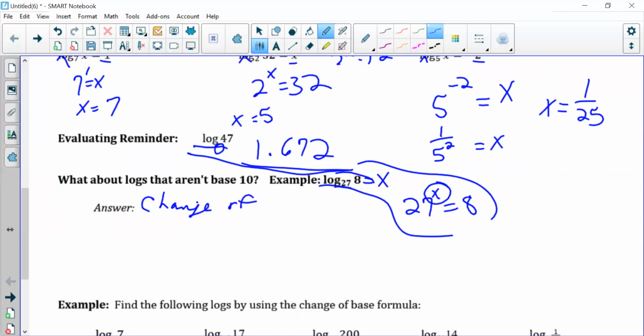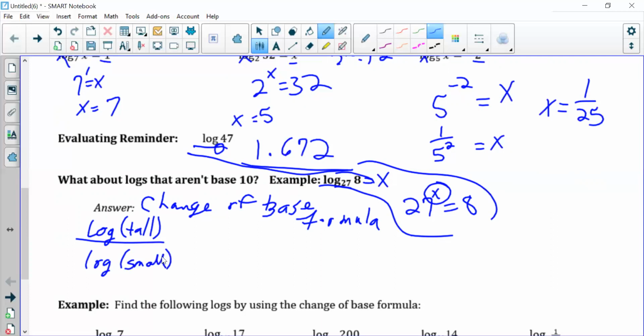The change of base formula is the log of the tall over log of the small.